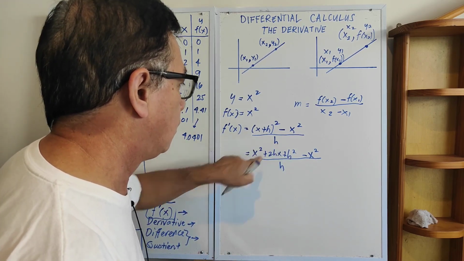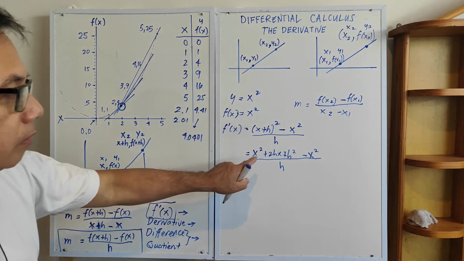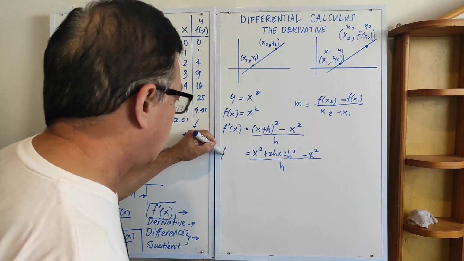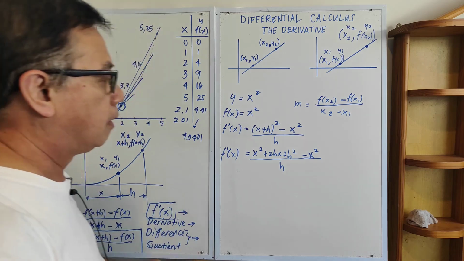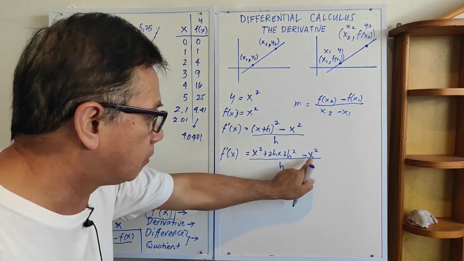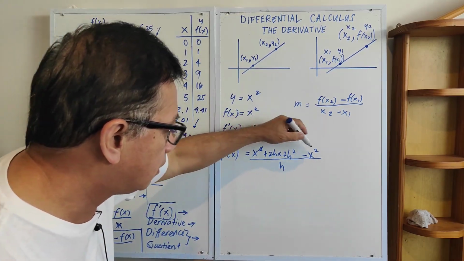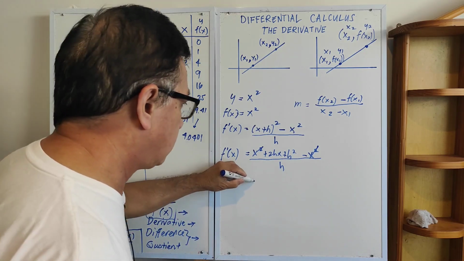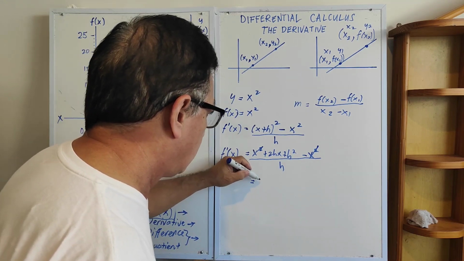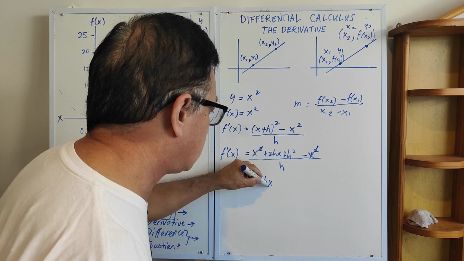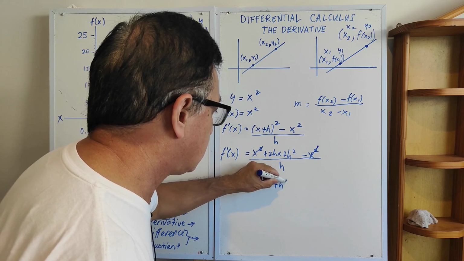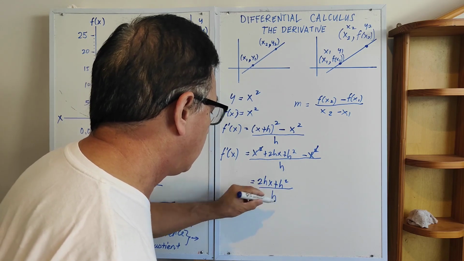So that will be your f prime of x. But this one is x squared and minus x squared. This can cancel out. So what you have left is 2hx plus h squared all over h.